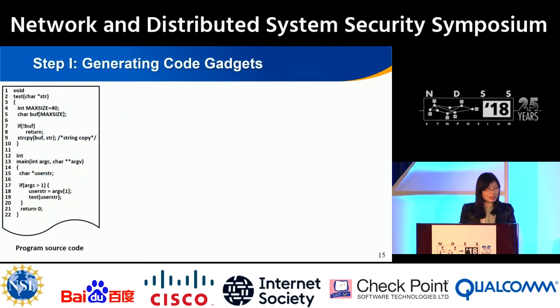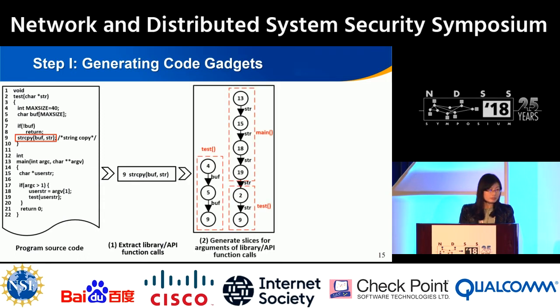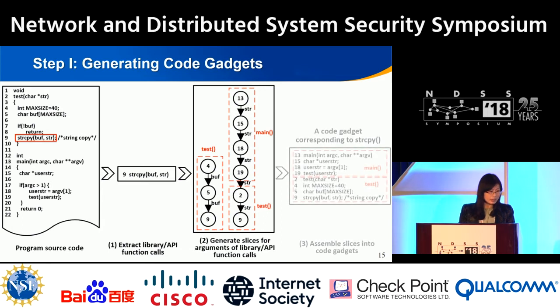The first step is to generate code gadgets. There are three sub-steps. The first sub-step is to extract the library or API function calls from the program source code, and then generate slices for each argument of library or API function calls, and then assemble the program slices into a code gadget.